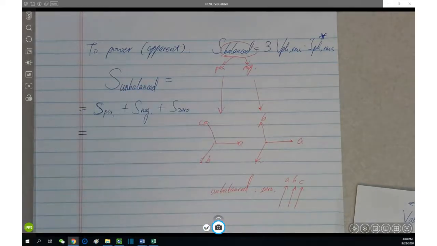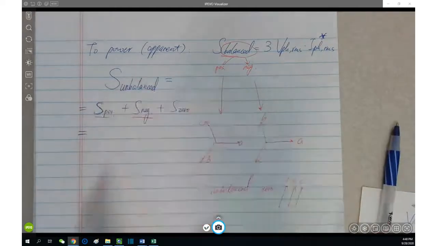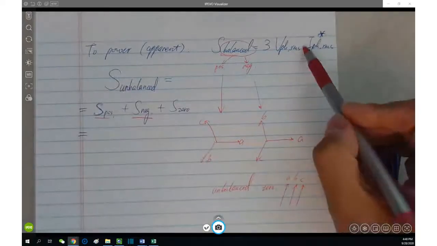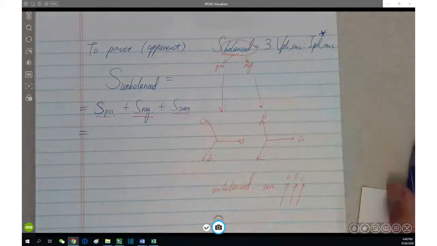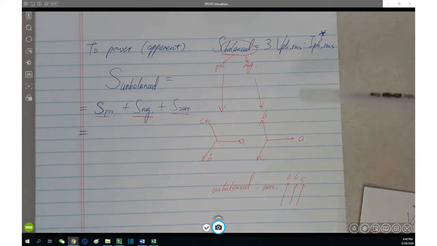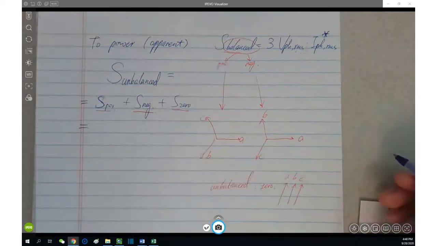Does it make sense? And then we are glad to see that this one is balanced, and this one is balanced. You know what to do. And then what do we do to the zero? Zero is okay. It remains the same equation. That's fine, right?